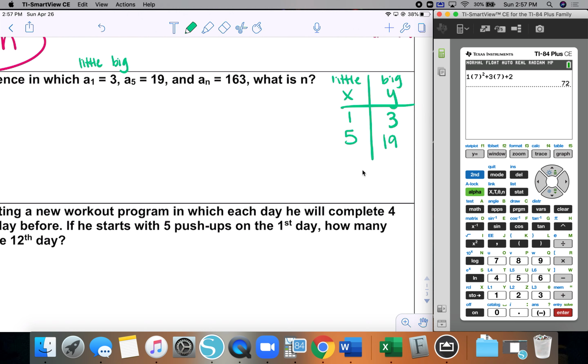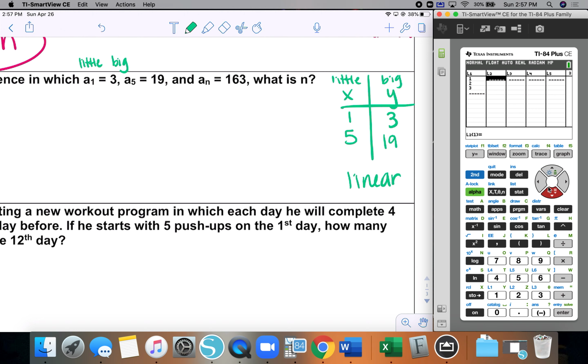Anytime you have little and big numbers for this task, you are going to do linear functions. Whether you have a calculator at home or you're using the GraphingCalc app, you should be able to do a linear regression. You just can't do quadratic or exponential.